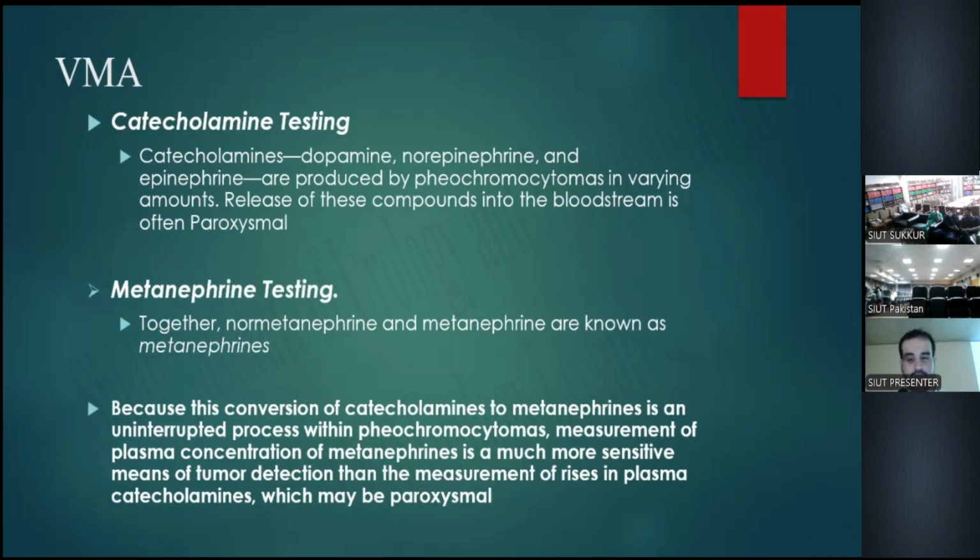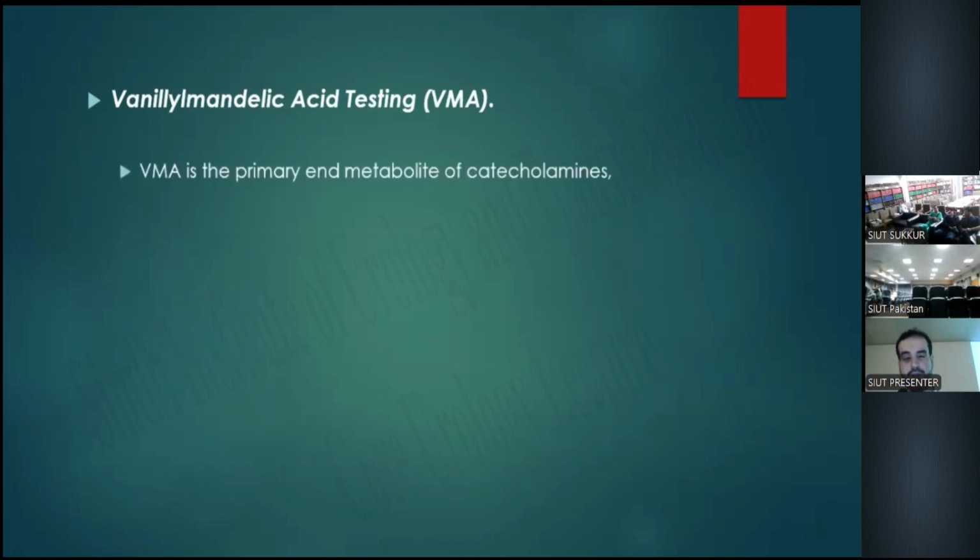Measurement of the plasma concentration of metanephrines is much more sensitive for tumor detection than the measurement of rising plasma catecholamines, which may be paroxysmal. VMA is the primary end metabolite of catecholamines.